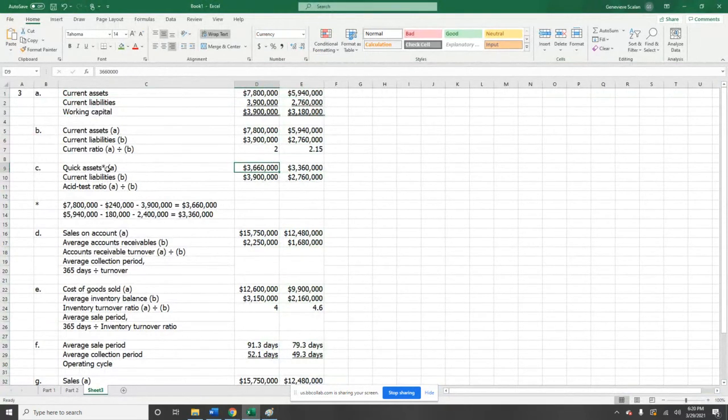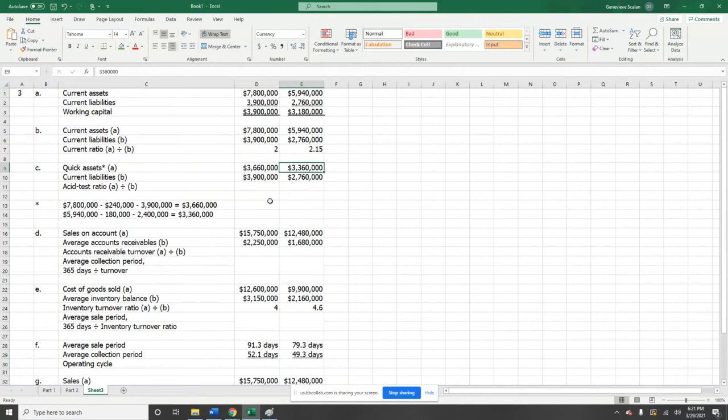So to calculate our quick assets, we take the current assets, that's 7.8 million, minus the prepaids, minus the inventory, and for the current year, that gives us 3,660,000. For the previous year, we took our same current assets, minus our prepaids, minus our inventory, and that gives us 3,360,000.